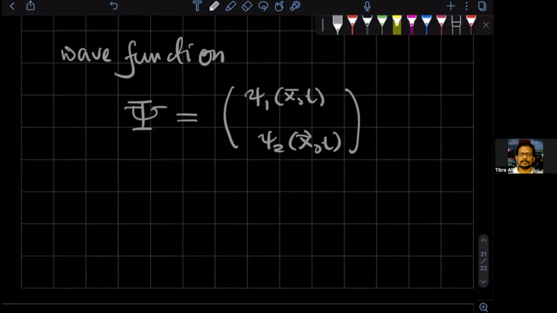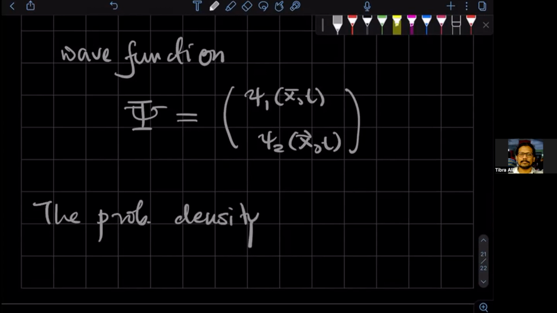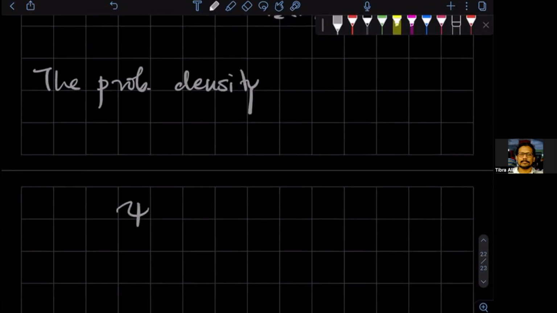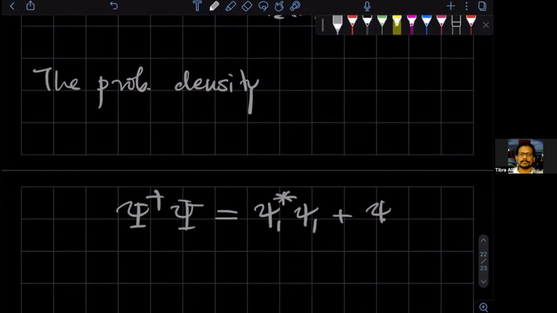And in this case, the probability density is described by this big psi dagger, big psi, which of course is small psi 1 star psi 1 plus psi 2 star psi 2. Okay.